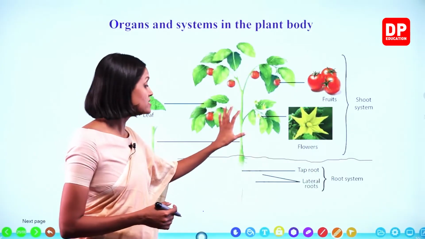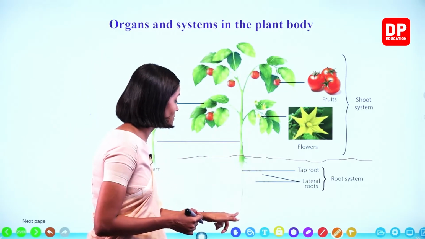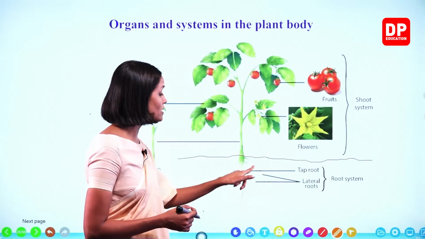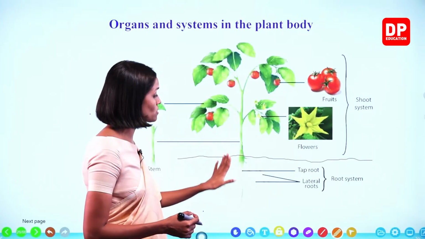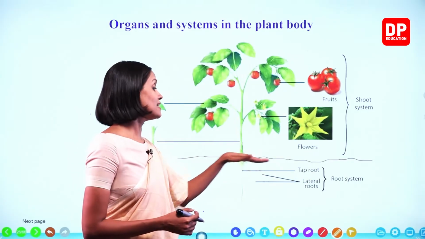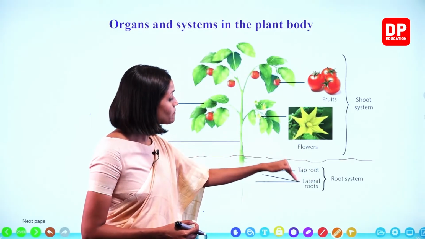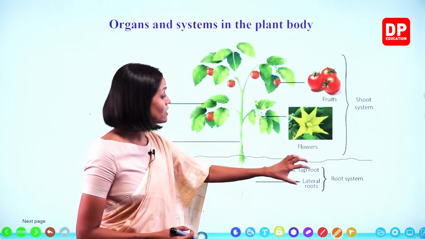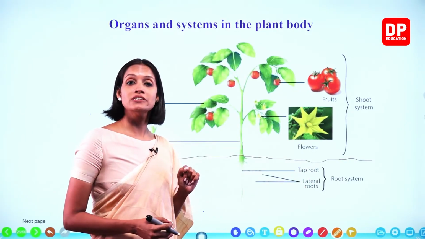The taproot system has two main types of roots. The main middle root is known as the taproot, and the other roots connected like branches to the main root are known as lateral roots. So the root system has two main organs, the taproot and the lateral roots.